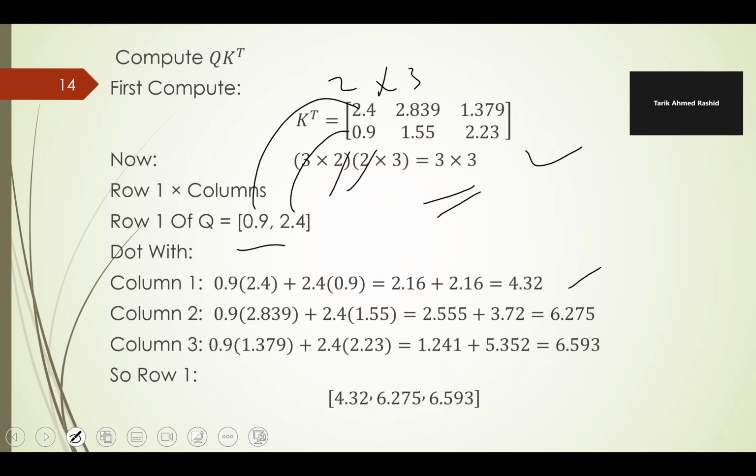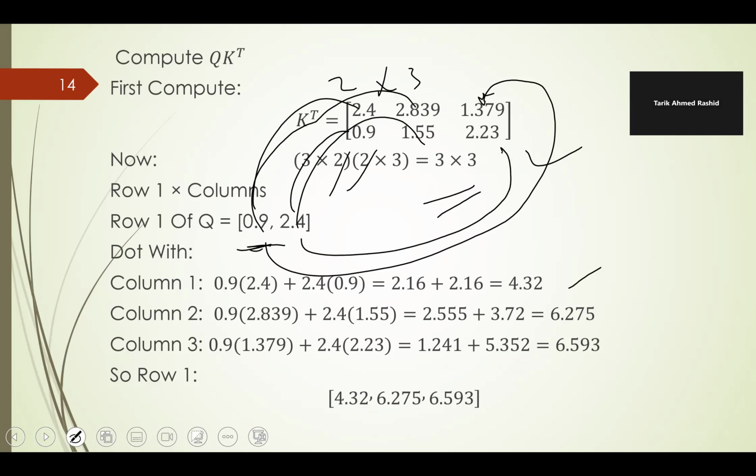Then 0.9 multiplied by 2.83 plus 2.4 multiplied by 1.55, then 0.9 multiplied by 2.3 and 2.4 multiplied by 1.4. And then for the last column, again 0.9 multiplied by this, and 2.4 multiplied by this. So that's how we got these results.